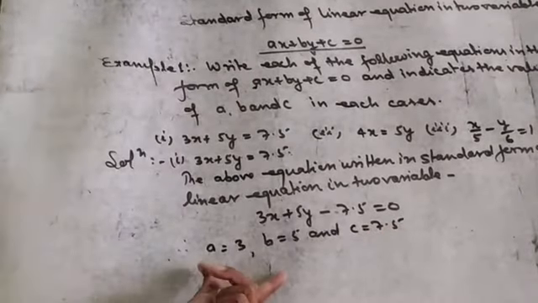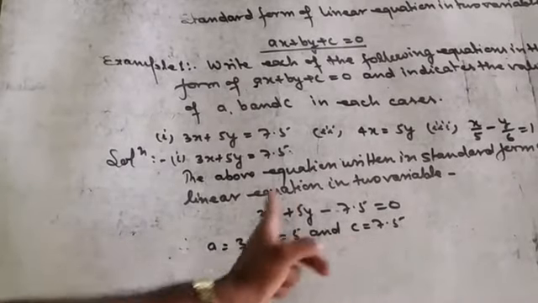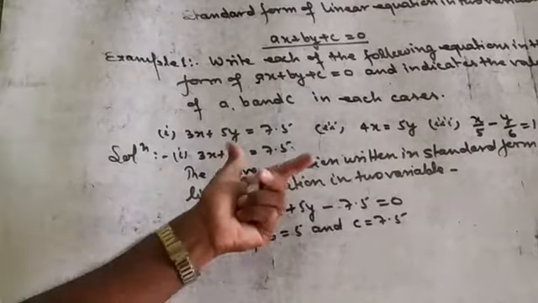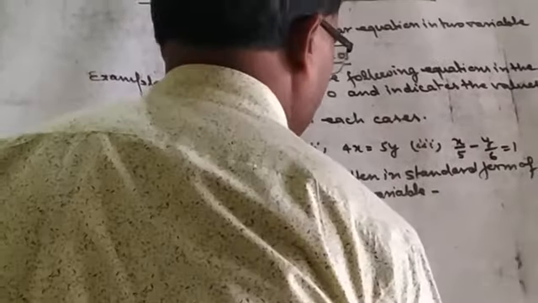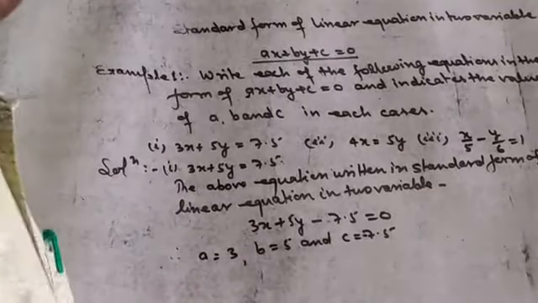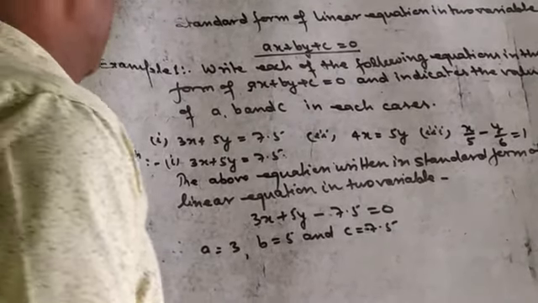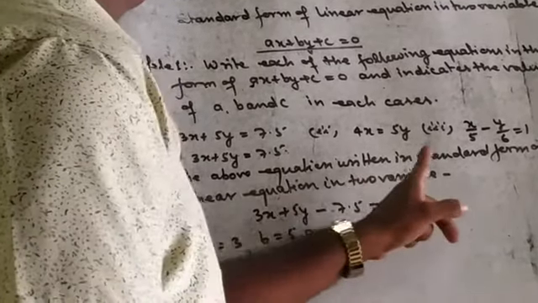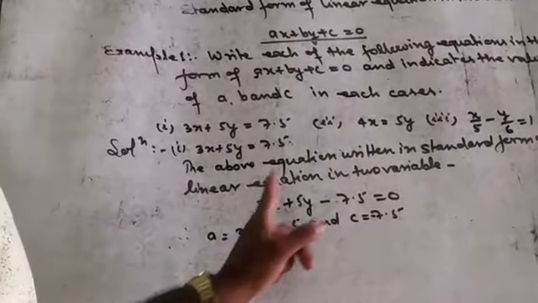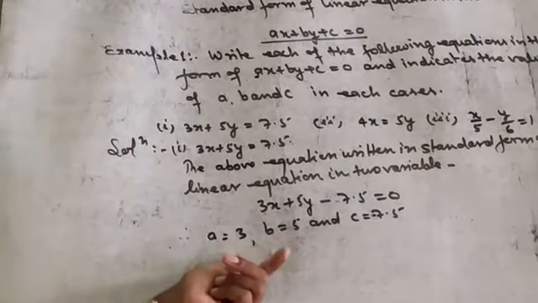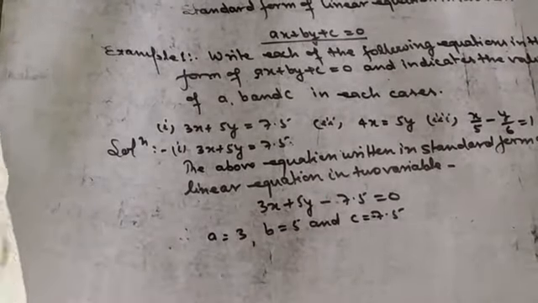In this way, after writing and comparing, the above equation is written in the standard form ax plus by plus c. The value of a is 3, b is 5. This one. Second, you see here.